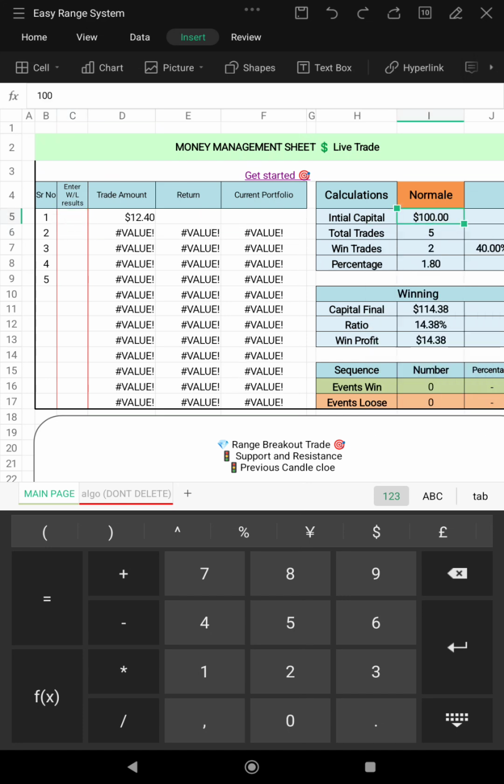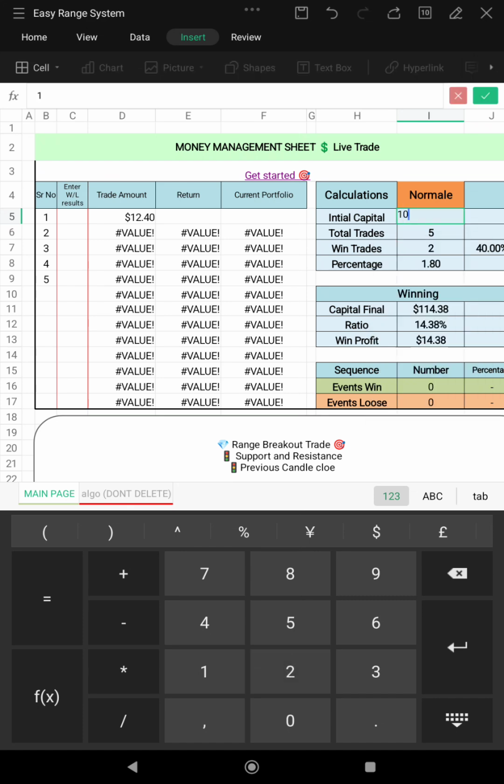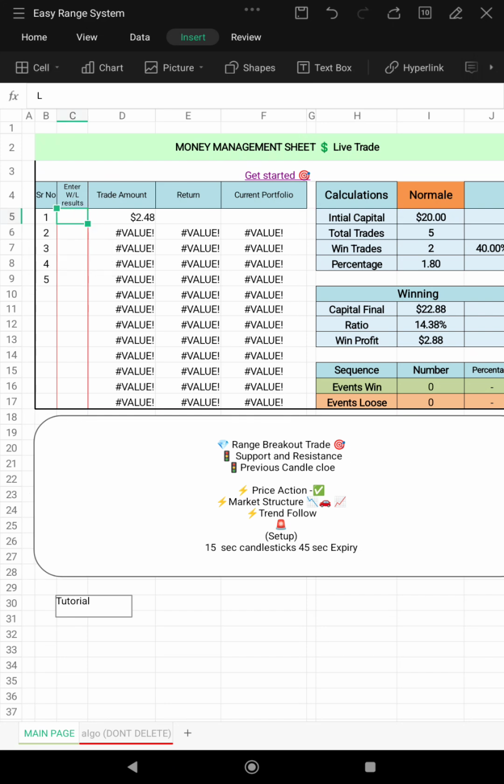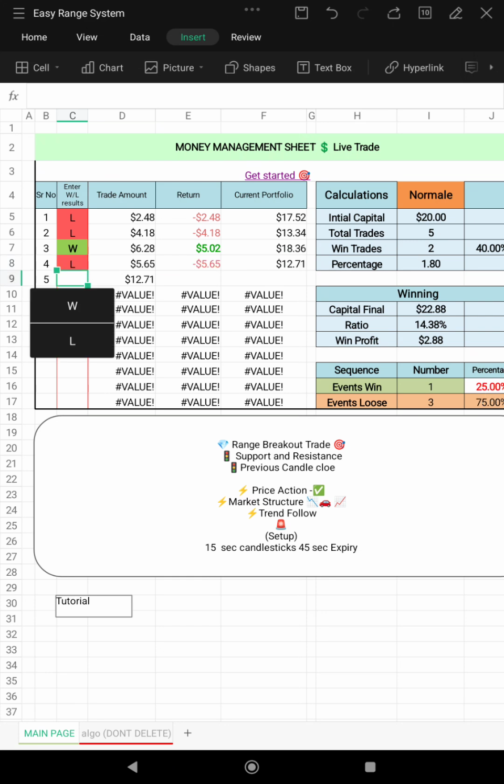So for example, let's say we have our $20 here. We have our first loss, this loss. Now we are negative $13, but when you have one win and then another loss and then just one more win, we already have two wins.